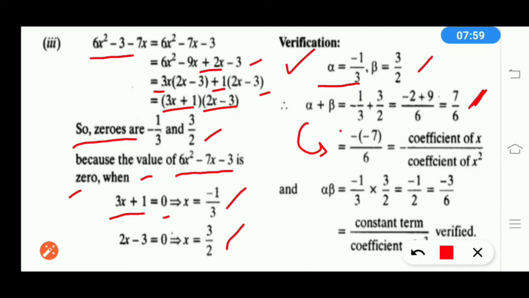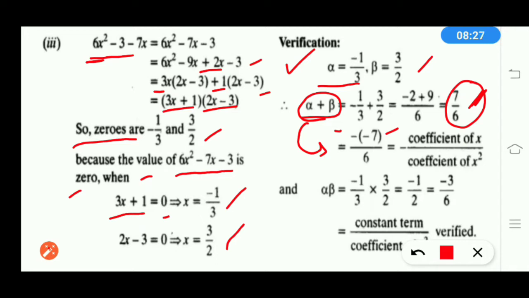So minus here and the coefficient of x, that means minus 7, divided by the coefficient of x square, that means plus 6. So minus of minus 7 divided by 6, that means plus 7 by 6. That means the value of alpha plus beta is 7 by 6 and minus coefficient of x divided by coefficient of x square is also 7 by 6.